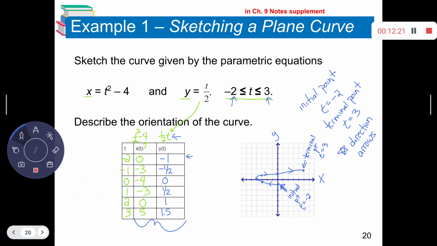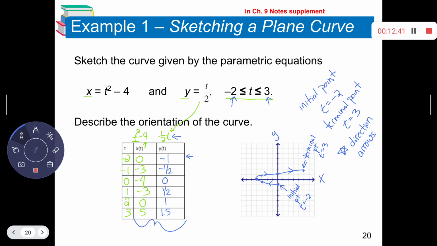So for each point on this graph, it also has a time associated with it. So we can get 2 pieces of information, the position and the time that it happened at.